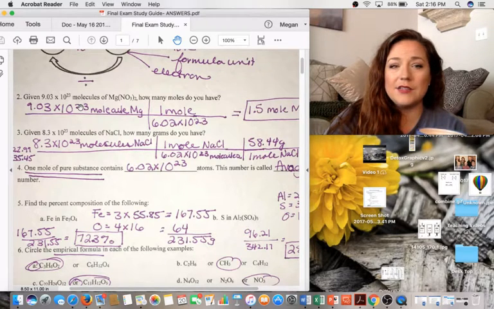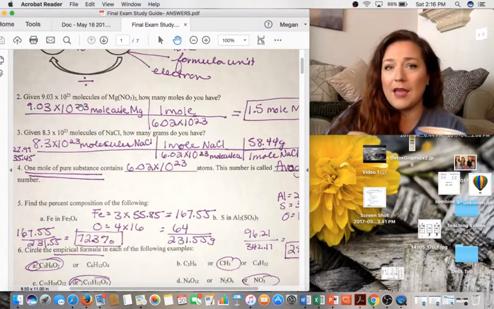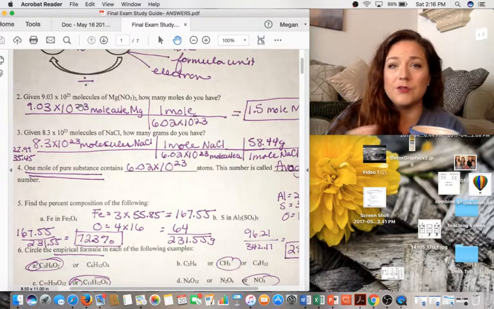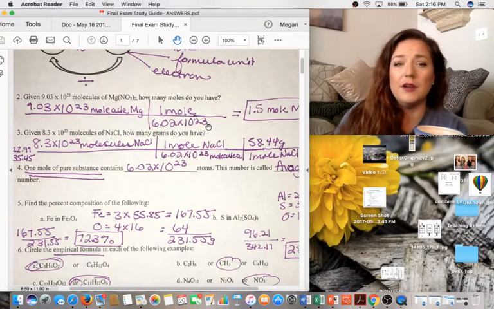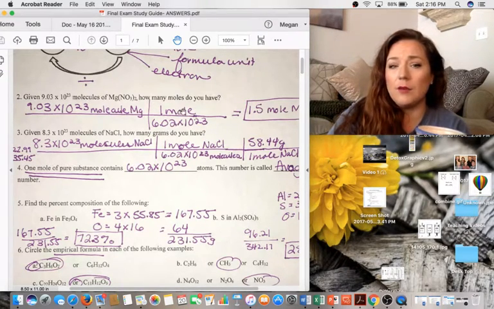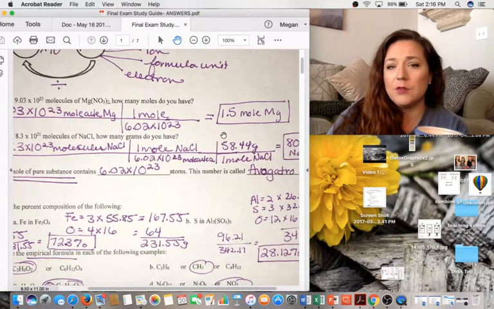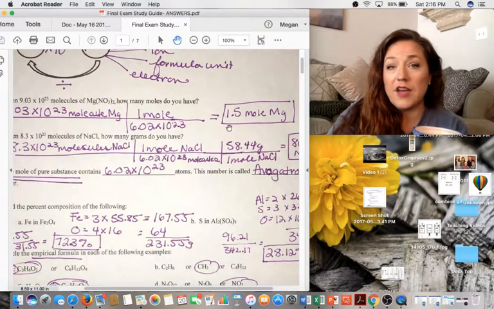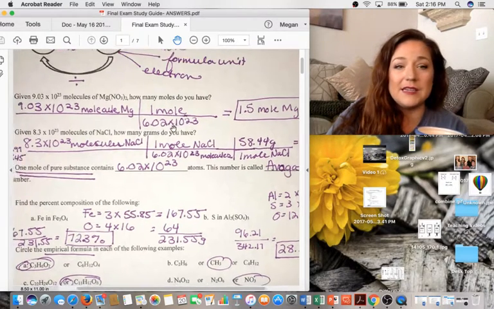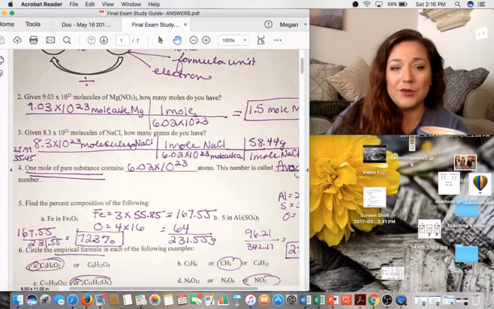And because they're just asking you to go from molecules to moles, you just put 6.02 times 10 to the 23rd power of molecules, Avogadro's number, on the bottom to make 1 mole. And when you divide by that, you get 1.5 moles of Mg(NO3)2.